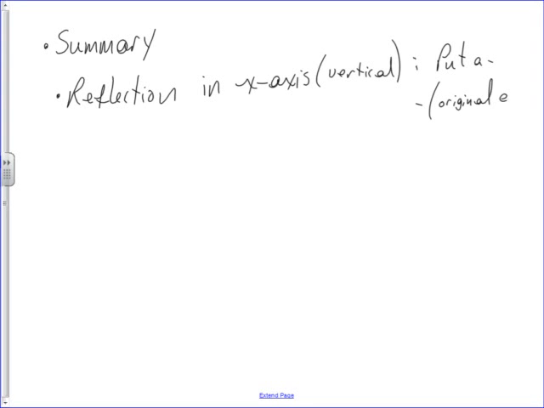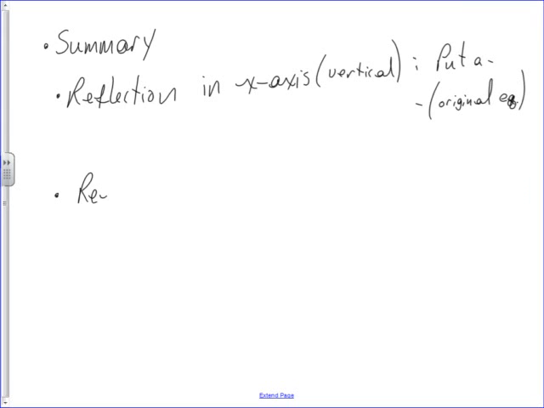So reflection in the x-axis, it's negative parentheses your original equation. That negative is going to affect the whole equation.